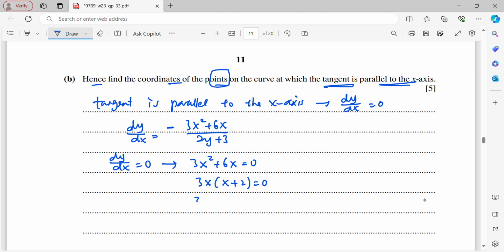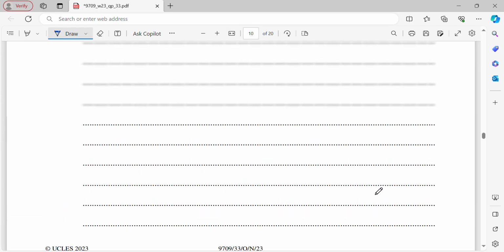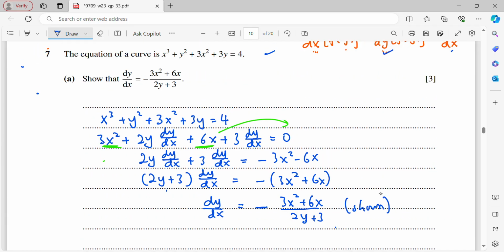Then either 3x equals 0 or x plus 2 equals 0. Then x equals 0 or x equals negative 2. So with the two x values, I can get more than one point. Now for the y coordinate, I have to substitute into the curve equation.